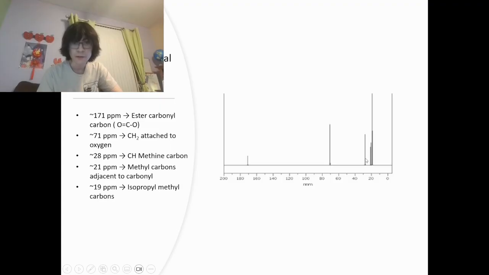For 28 ppm, we'll have a CH methine carbon. For 21 here, we'll have methyl carbons adjacent to the carbonyl. And for this last one, we'll have 19 ppm, which is an isopropyl methyl carbon.